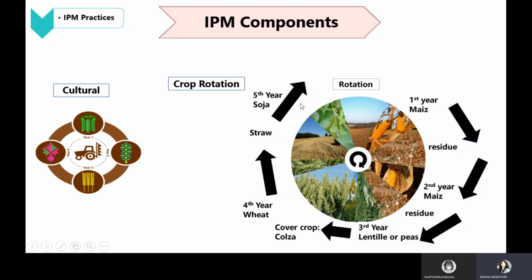And after one or two years, you can put the maize again. So it's like you are playing with the pests.